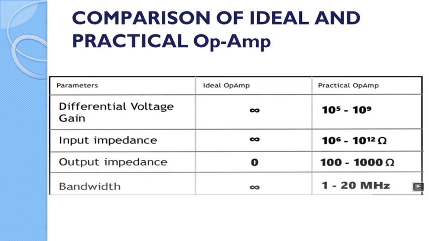The output impedance of an ideal op-amp is 0, but for a practical op-amp it is nearly 100 to 1000 ohm. Finally, the bandwidth of an ideal op-amp is infinite, but in case of a practical op-amp the bandwidth is from 1 to 20 megahertz only. So we have done the comparison here.